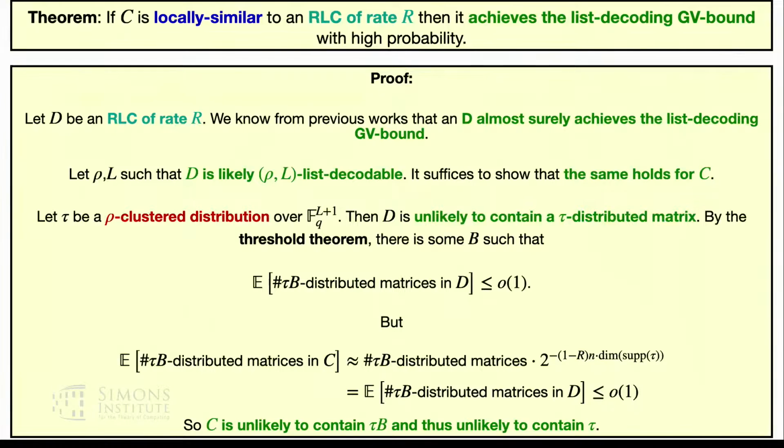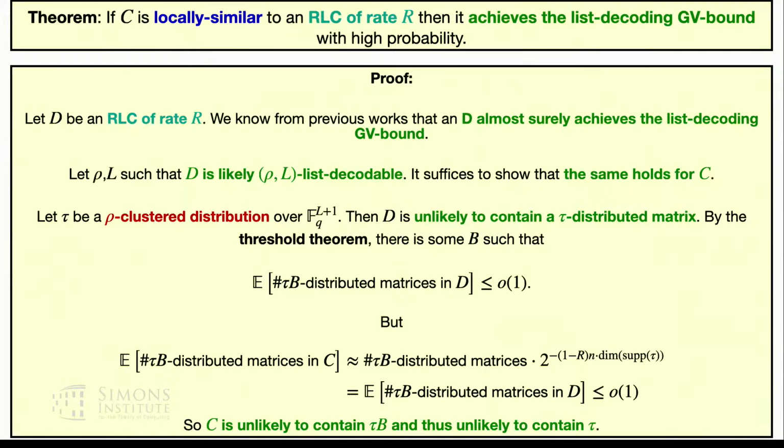It's the number of tau B distributed matrices times the probability for each matrix that it's contained in C. But this is the same as the probability that this matrix is contained in D, because these are small sets of vectors, and local similarity tells us that this is going to be the same term here. So this is exactly also the expected number of tau B distributed matrices in D. Okay, it's the same thing. So local similarity of C to random linear codes means that the expected number of matrices with some given distribution is going to be the same. So this goes to 0, and then that means that this also goes to 0.